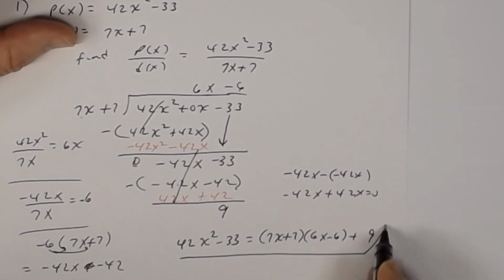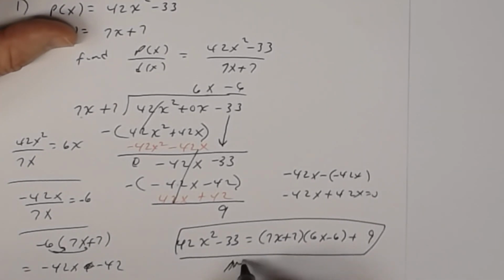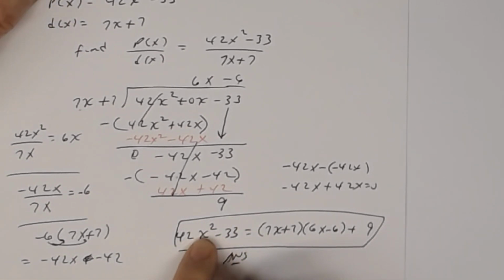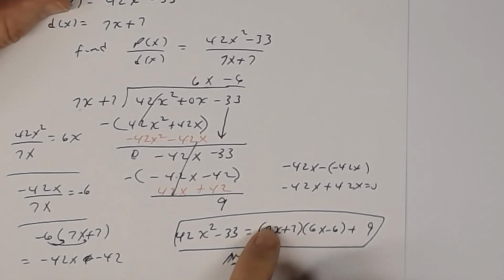And that's what they wanted you to write. That's the answer. So the dividend equals the divisor times the quotient plus the remainder.